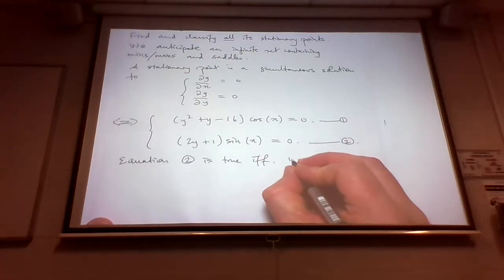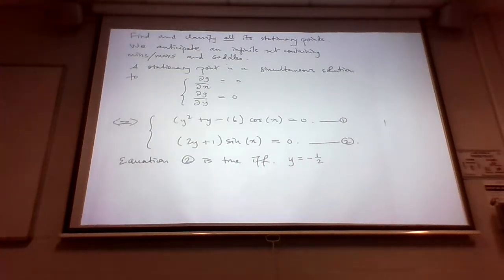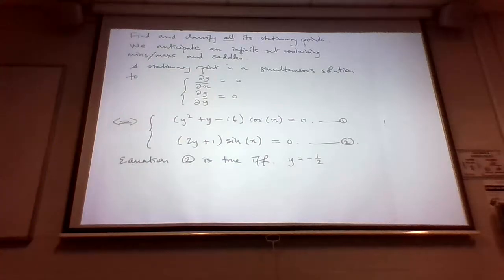That happens when y is minus a half. And when is sine of x equal to 0? Well, sine of x has lots of zeros. Remember, it's got an infinite number of zeros.